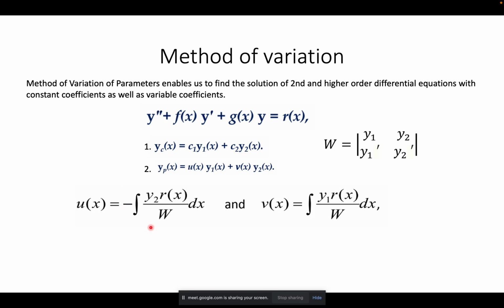So you can simply write this expression and then integrate it to find the value of u(x). And similarly the value of v(x) can be found; v(x) is the integral of y1 times r(x) upon W times dx.